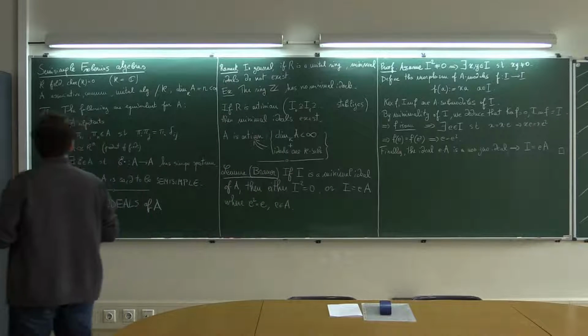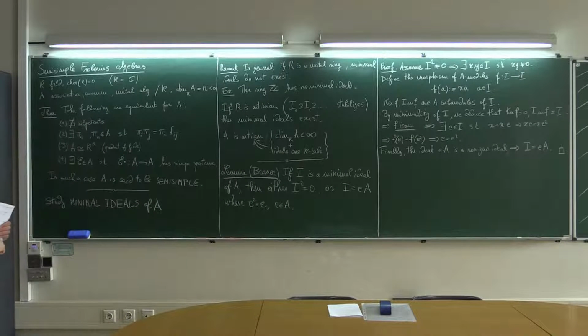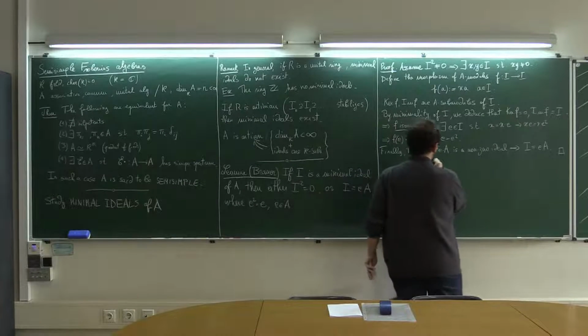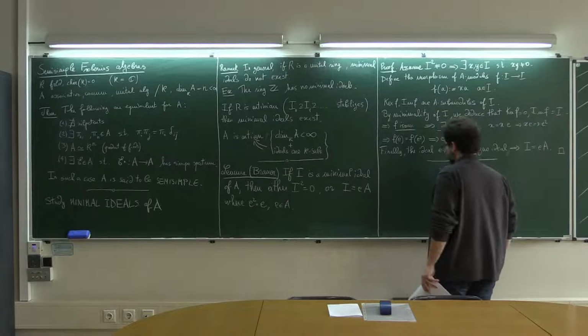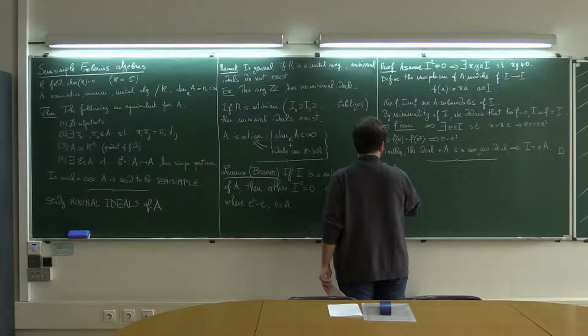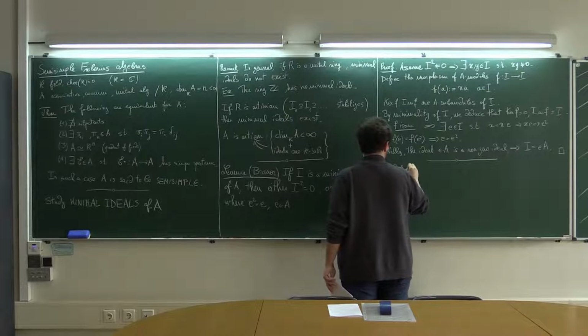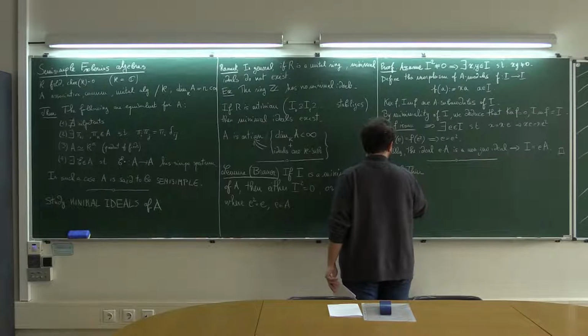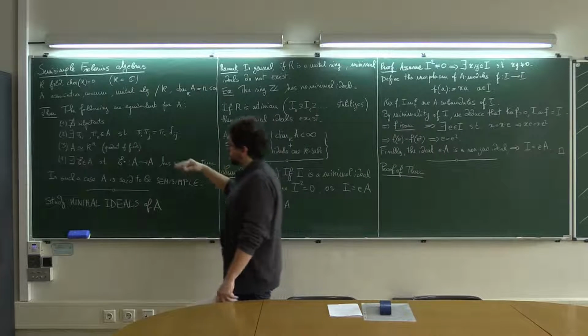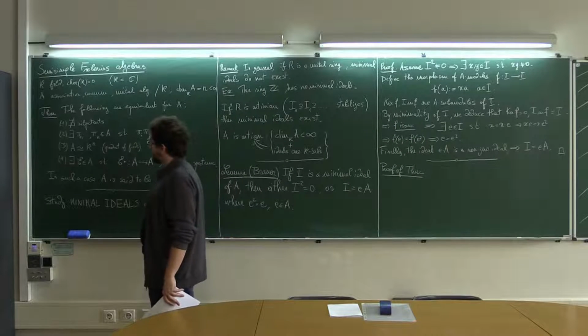Well, with such a tool, we are now ready to give a complete proof of this fundamental theorem. It is a theorem on the structure of semi-simple algebras. So, proof of the theorem. Well, there are some implications which are straightforward.